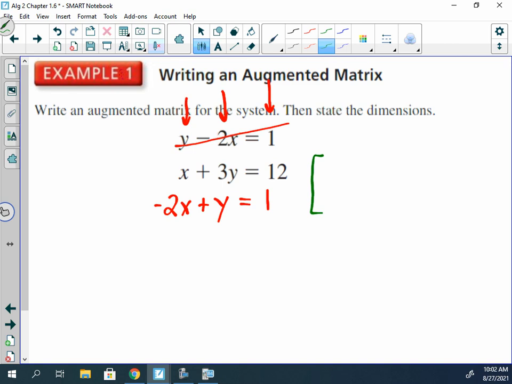Any questions on this here so far? Now to write the augmented matrix, we're going to take the numbers in front of each variable. So what's the number in front of x? And then 12. Our next one. Congratulations, we've written an augmented matrix. Now, what are the dimensions of this matrix?